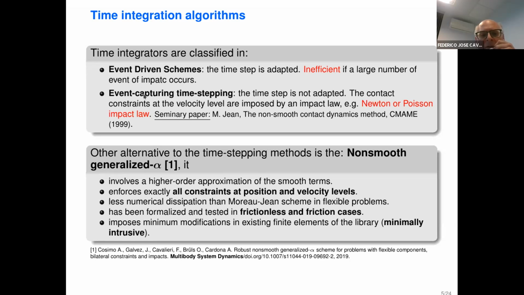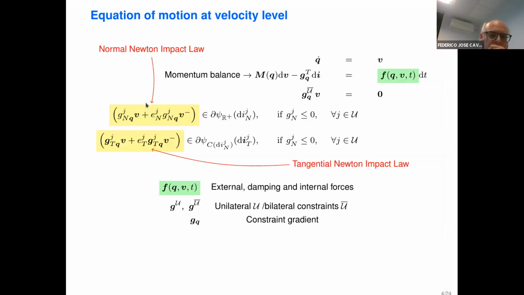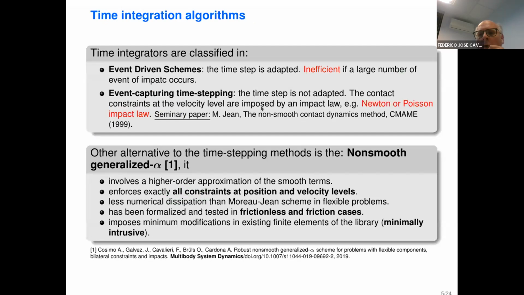In the second group, the event-capturing time stepping, the time step is not adapted, so the time step is fixed, and the contact constraints at velocity level are imposed by an impact law, for example, the Newton impact law, or other laws, for example, the Poisson impact law.